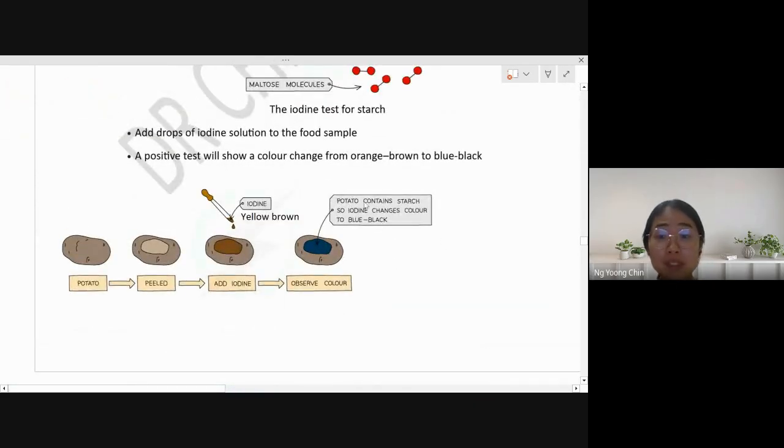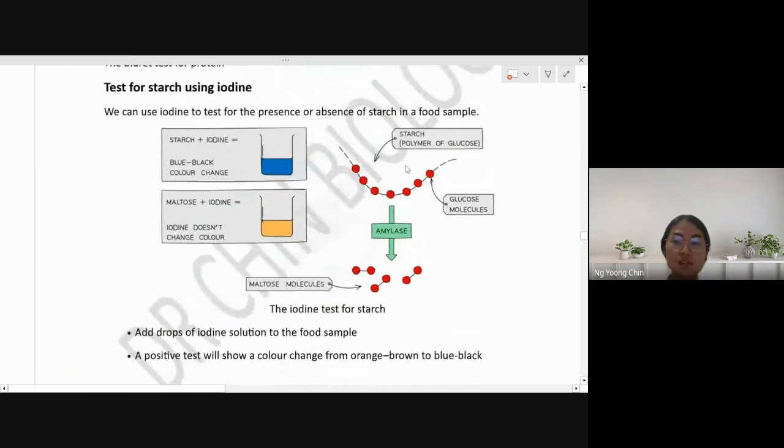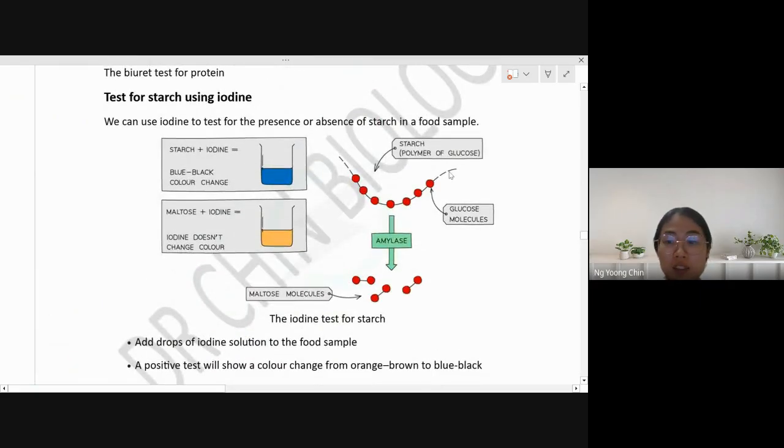So the potato contains starch. It will cause the iodine to change color, becoming blue black. So it will change from orange brown to blue black. This is the color you should write. Orange brown. So we usually use iodine to test for starch in the food sample.